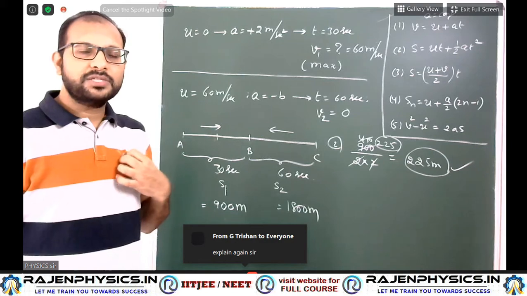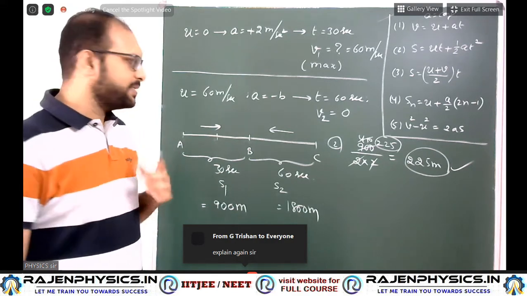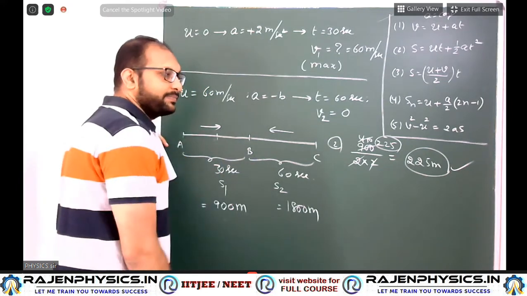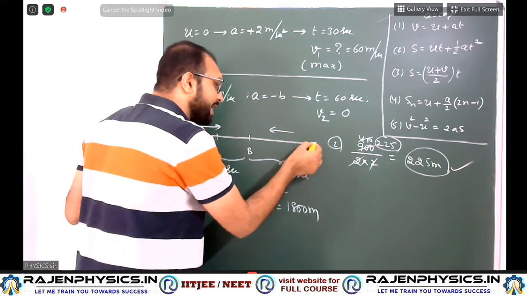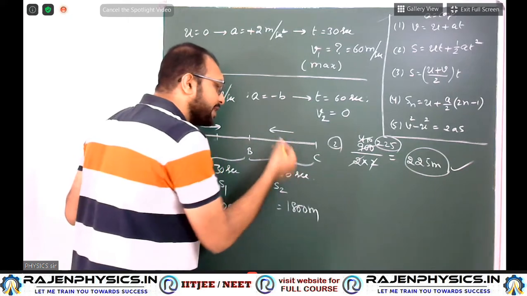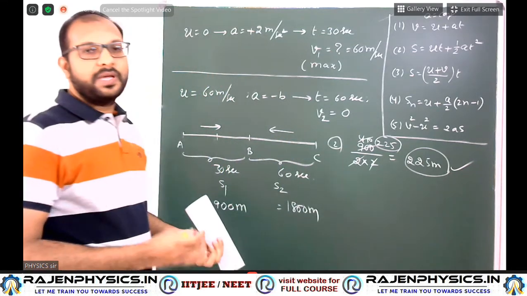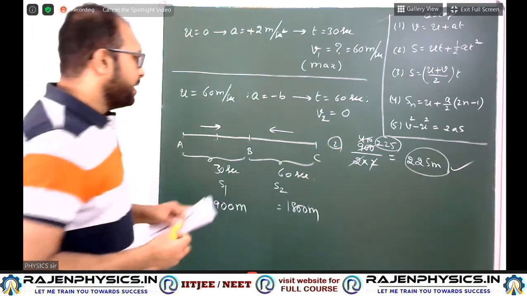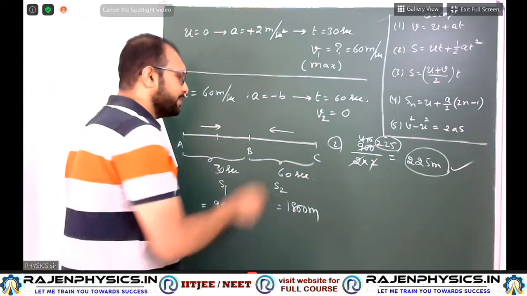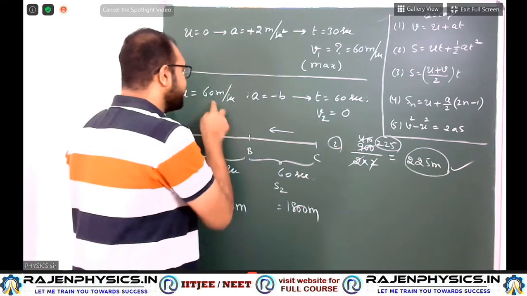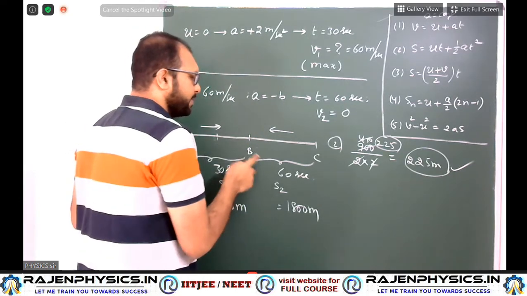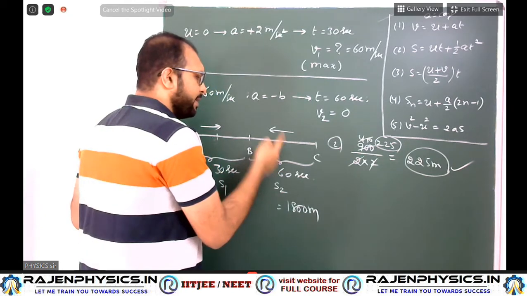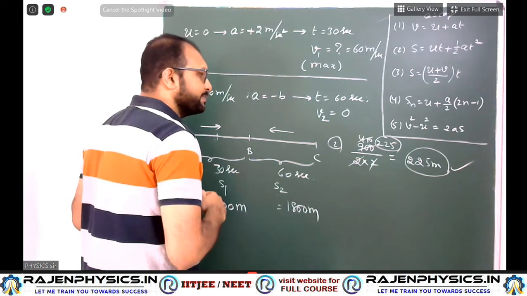One student asked, yes, wait student, again I will explain, just wait. One more point: in the second part of the problem also, speed is 30 you will get again. Here in the second part, the speed is 60, and somewhere the speed becomes 30.